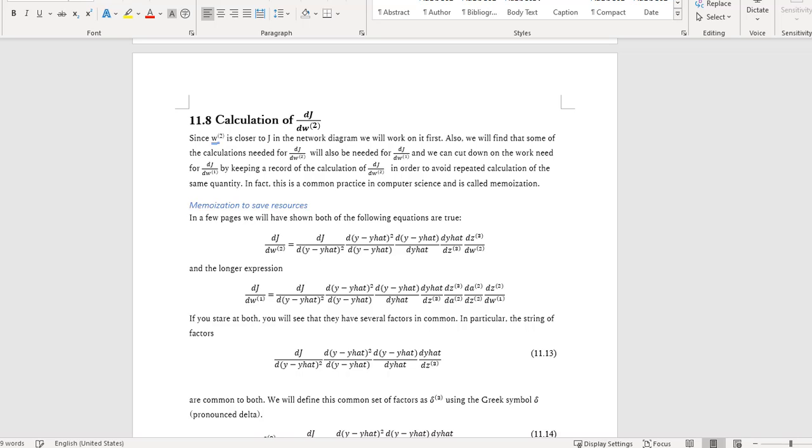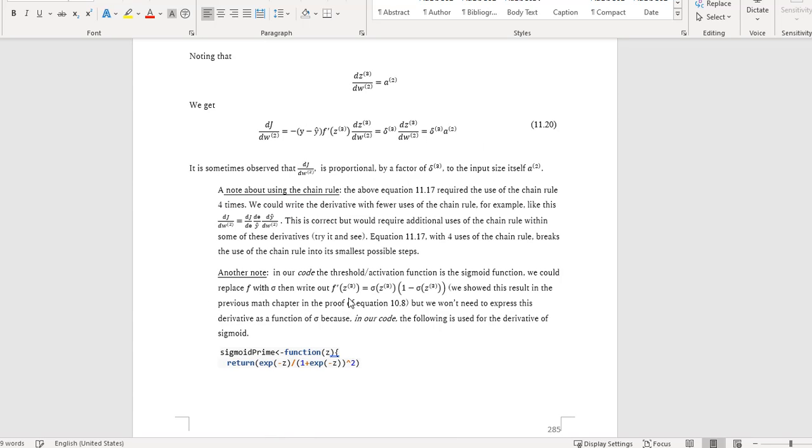So that means we need the derivative of the sigmoid function. Earlier in the text, we went through some calculation. It may have been optional. We showed the derivative of the sigmoid function. You can just ignore this inside part, just imagine it was x here. The derivative of the sigmoid function is the sigmoid function times 1 minus the sigmoid function. So that's a very nice expression of the derivative, but we're not going to use that. We're just going to code our sigmoid function like this. So we're not going to write sigmoid prime in terms of sigmoid.